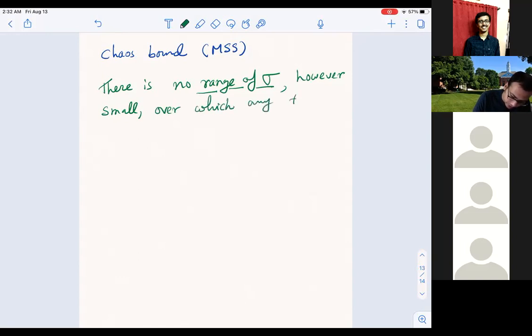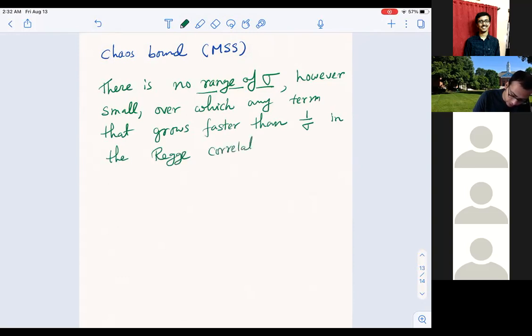any term that grows faster than 1 over sigma in the Regge correlator is dominant.